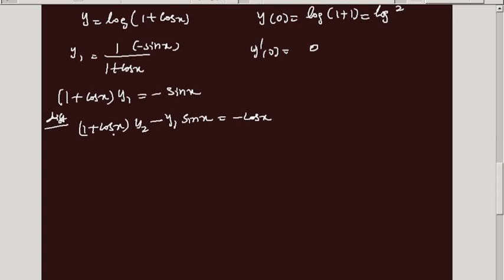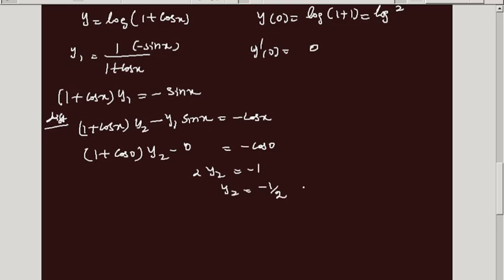So here we substitute x equal to 0: (1 plus cos 0) of y2 minus y1, y1 is 0, so this term becomes 0, equal to cos 0, which is 1. So here we get 2 times y2 equal to 1, y2 equal to 1 divided by 2.